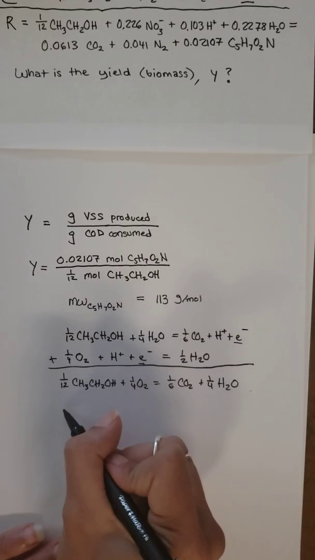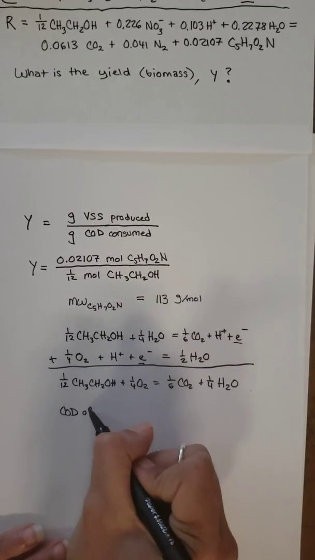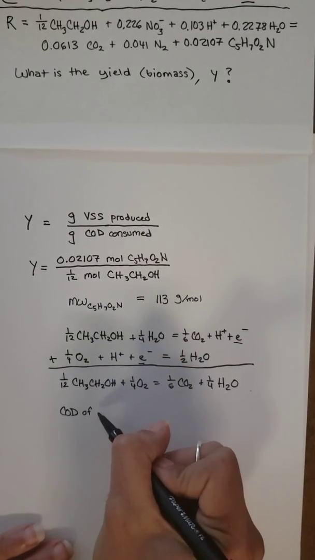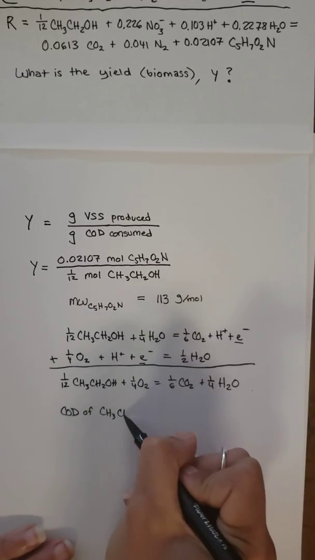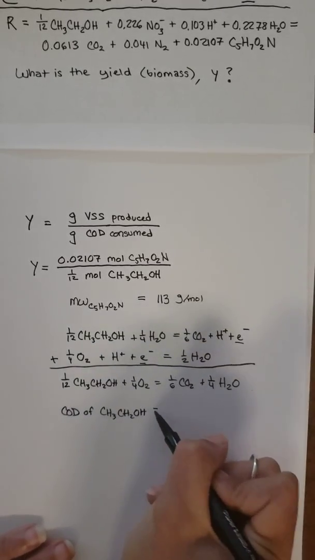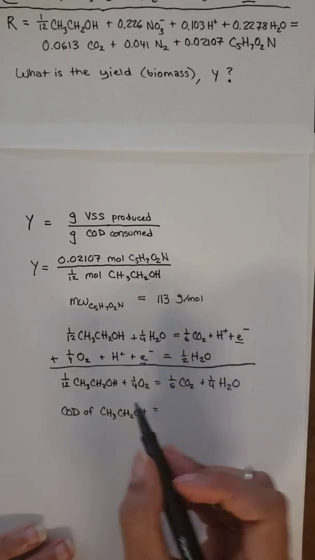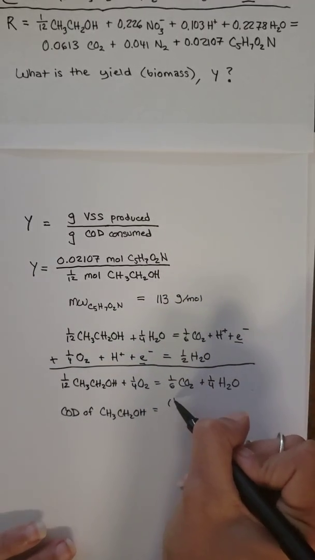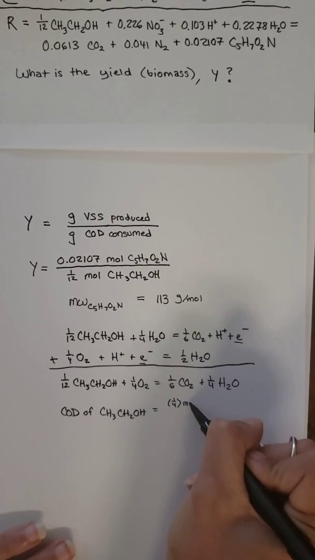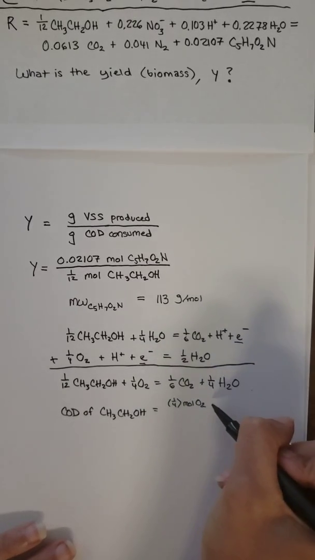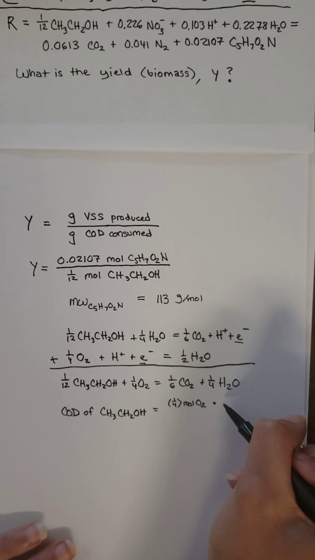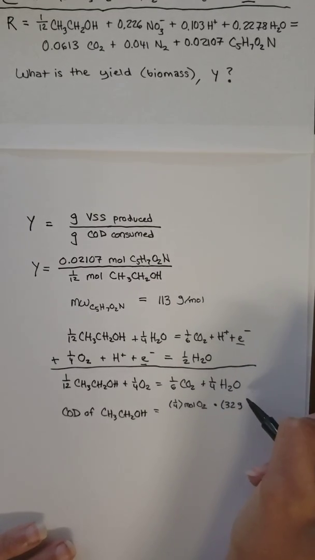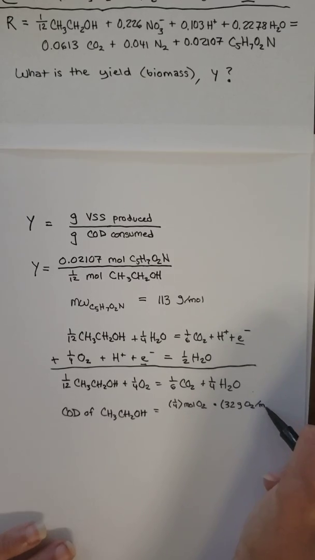Now we can figure out the COD of the ethanol. Using this relationship here, so we know we have 1/4 mole O2, and we know our molecular weight of O2 is 32 grams O2 per mole O2.